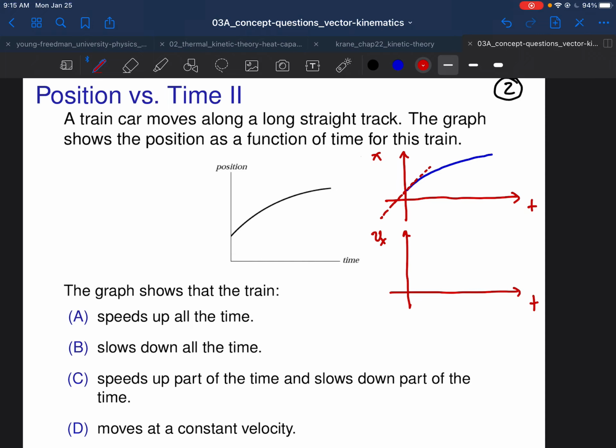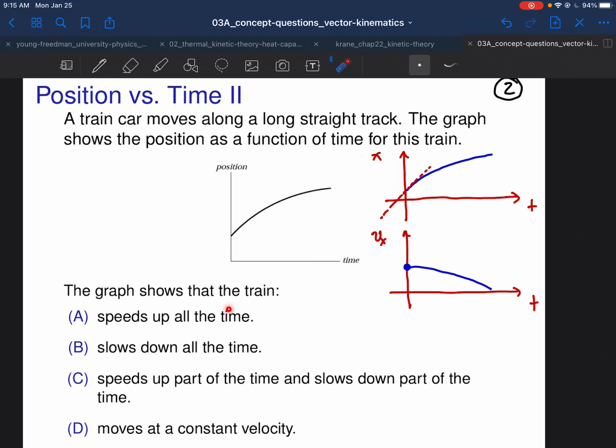At the beginning, there's some positive value of the velocity. So we could draw that as just some positive number. And then it gets smaller and smaller as time goes forward. So we could draw it sort of like this. It doesn't quite reach zero, but it goes down.